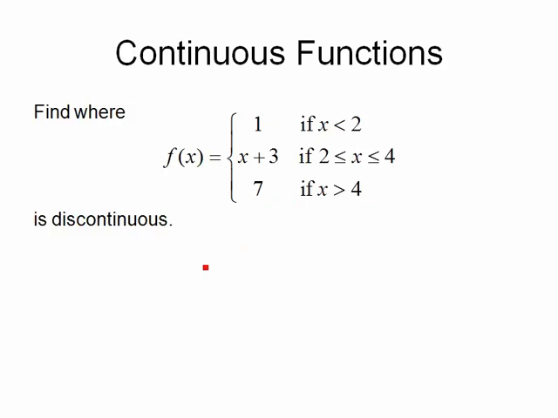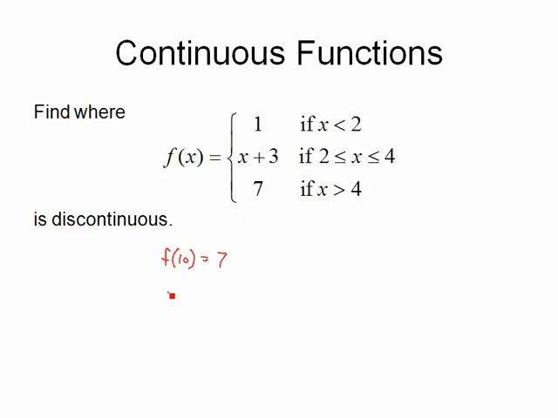You need to be a little bit careful. If I ask you to find f of 10, where does that fall? Well, 10 is an x value that's greater than 4, so that means the output is defined by the third part of the function, so this is just 7.